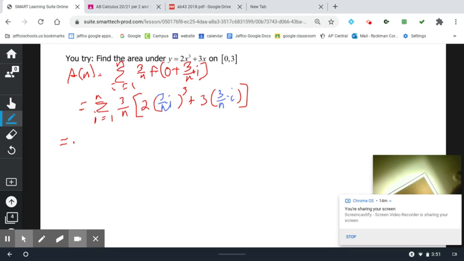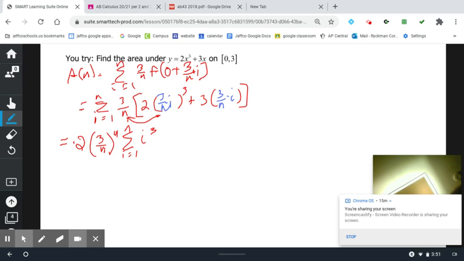I'm going to do this a little quicker this time, which is what you're going to eventually get to. So if I distributed this out, I would have 3 over n 4 times and a 2. Right? And inside, I would have an i cubed.